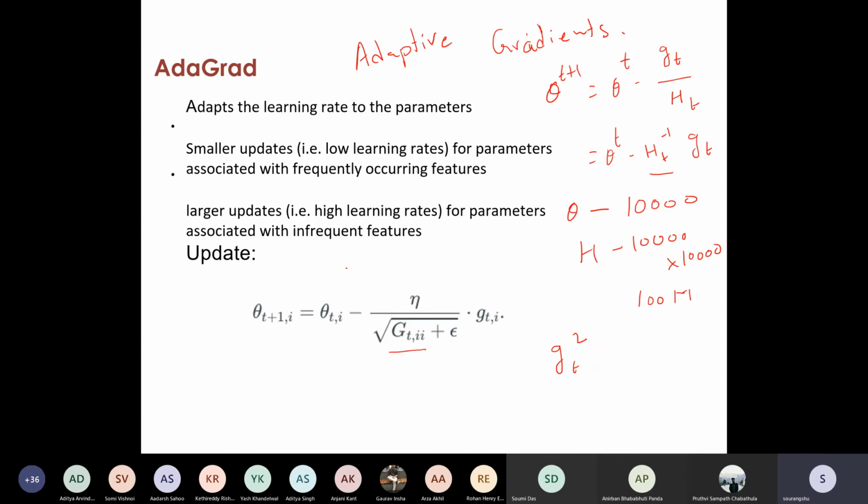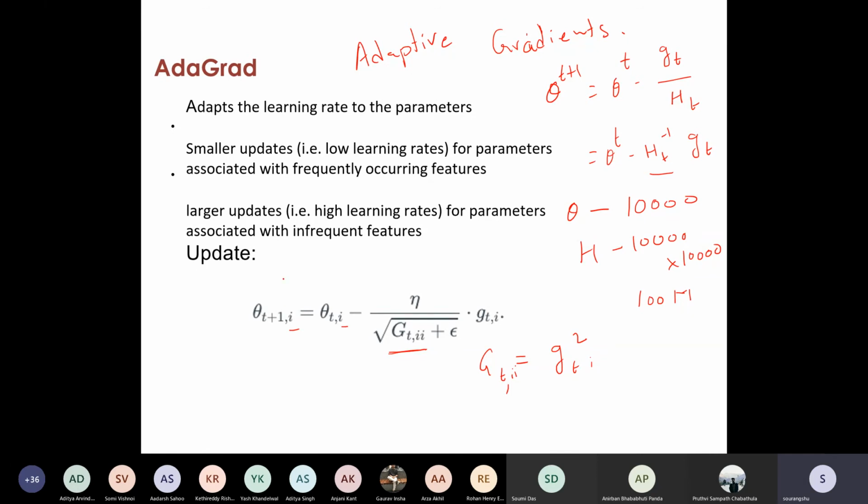Here i is the direction. For each i you do a Newton, so you scale the gradient by either this, the ith coordinate squared. This is what is called the adaptive gradient.